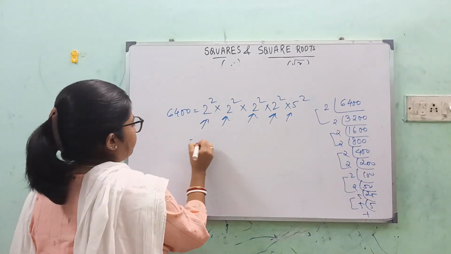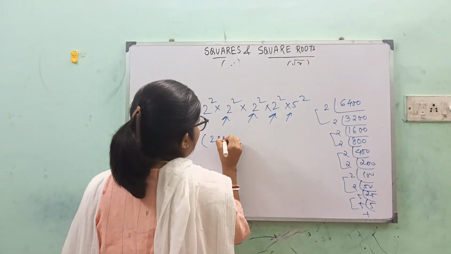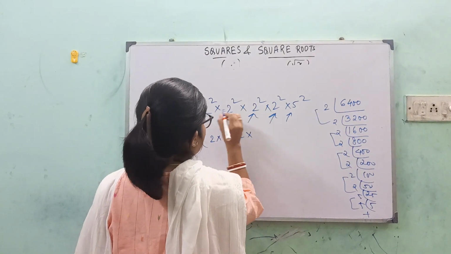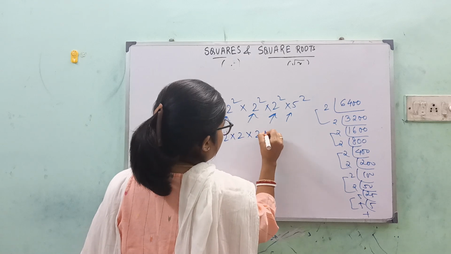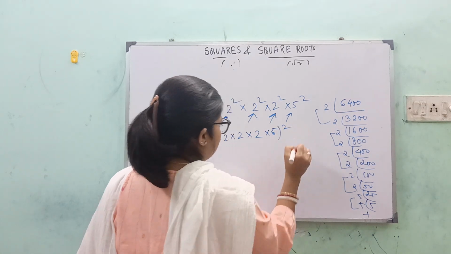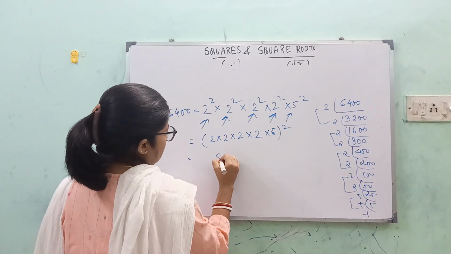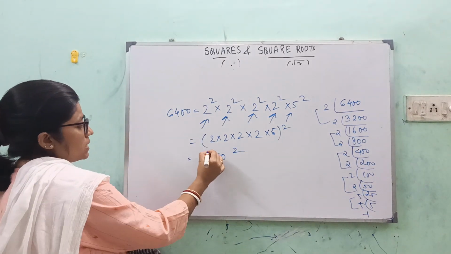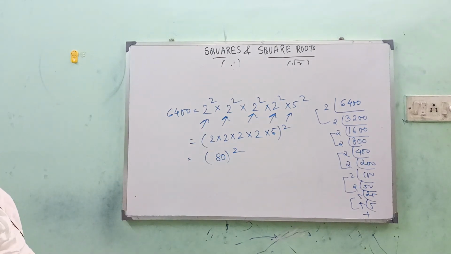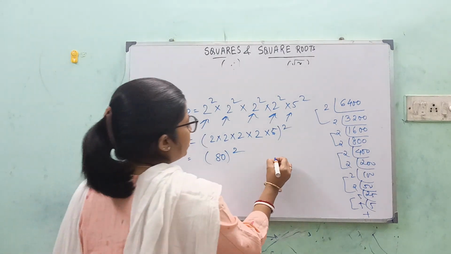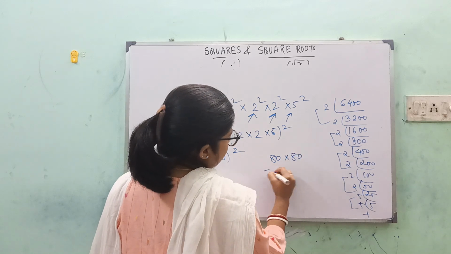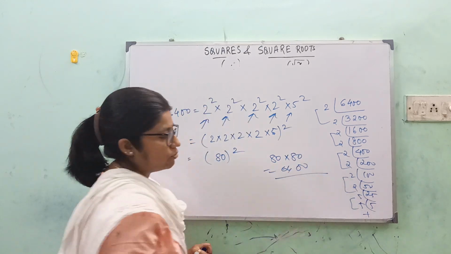Now if we put them together according to the laws of indices, 16 into 5 is 80. 80 square. That means 6400 is equal to 80 square. You can cross check if you want. 80 into 80. Yes, 6400.